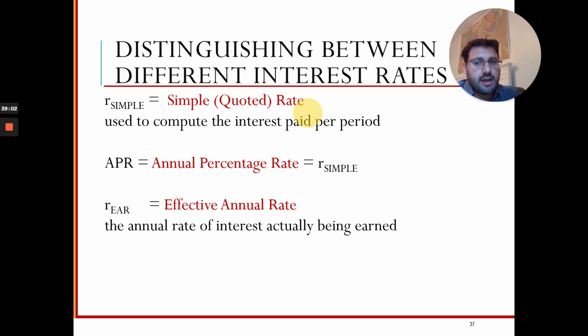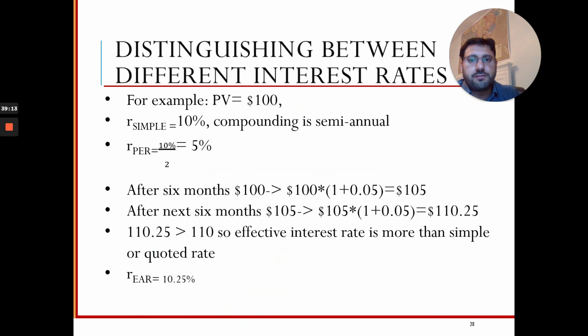Then there is also an interest of the effective annual rate. Let me try to explain you over here about the effective annual rate with an example. So for example, you have a present value of $100, means this is what you are going to deposit today in a bank, and you want to deposit it for a year. Now the bank is giving you a simple return, in other words, it's an annual return of 10%.